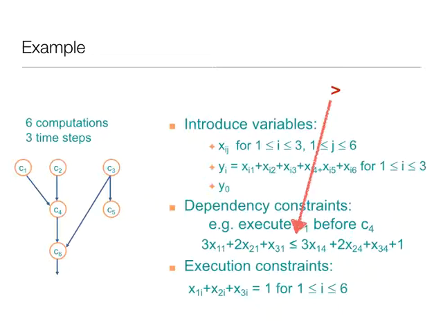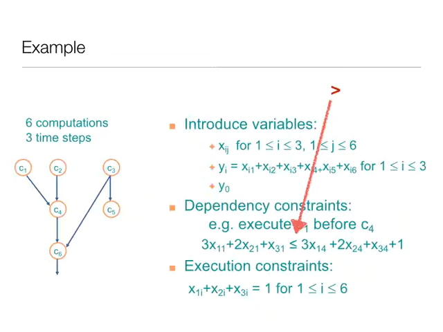C1 must run before C4. And I have 3 time steps. So I'm going to do 3x11 plus 2x21 plus x31 should be greater than the corresponding thing for the 4. And that is capturing this particular edge.